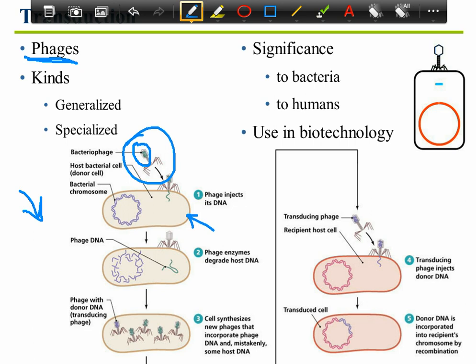A virus injects its DNA into the host cell. There you see it coming into the new host cell, the bacterium. Bacterial chromosomes in purple right there. During the takeover by the virus, the bacterial chromosome is broken down into pieces. You see right there. Then new viruses are produced inside the host cell.